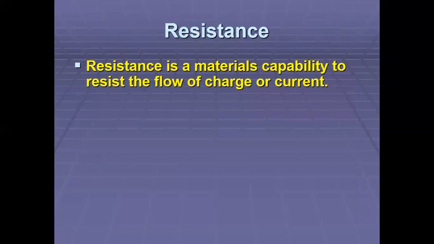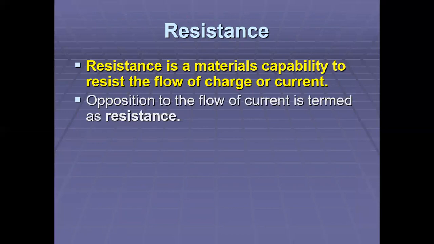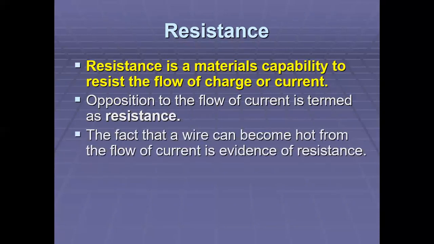Now let us see the resistance. Resistance is the property of a material to resist the flow of charge or current. In other words, the opposition to the flow of current is termed resistance. Insulators are highly resistive, their resistance is very high because they don't allow current to flow.